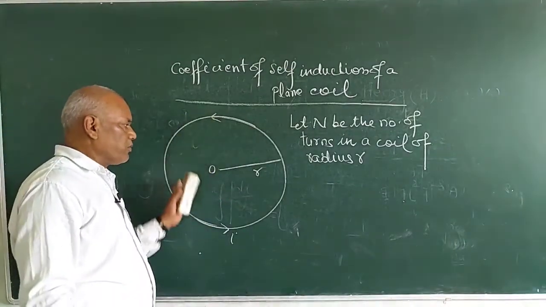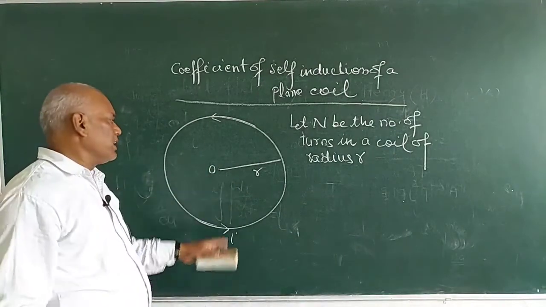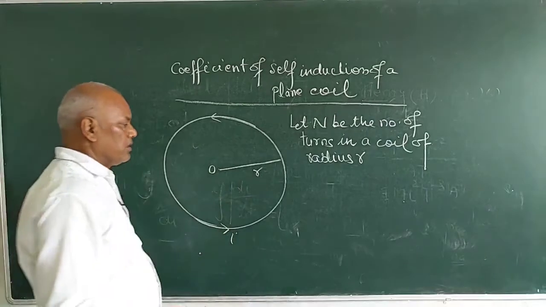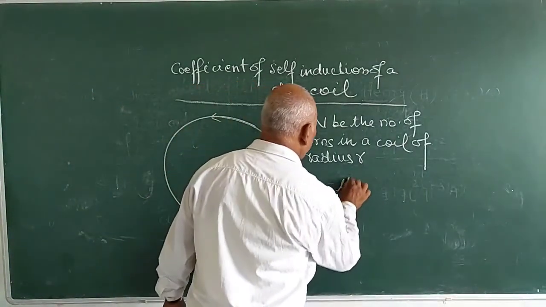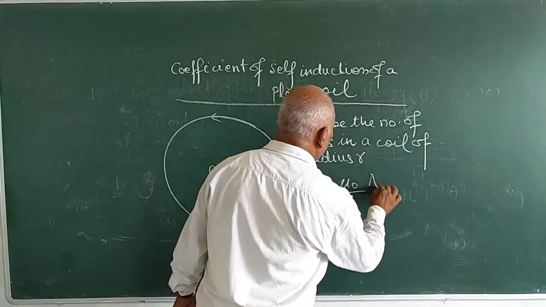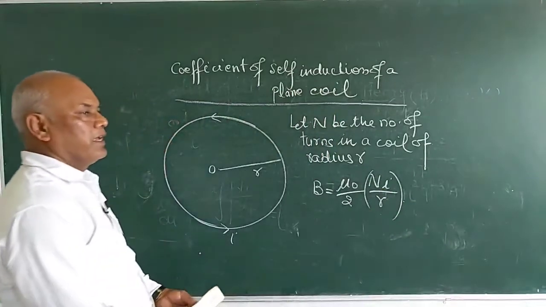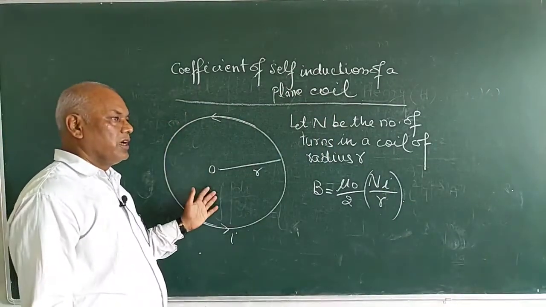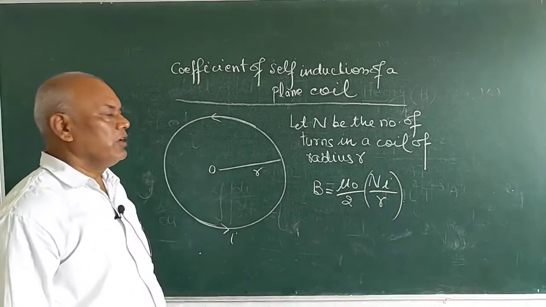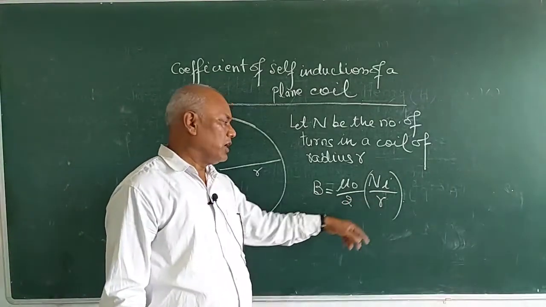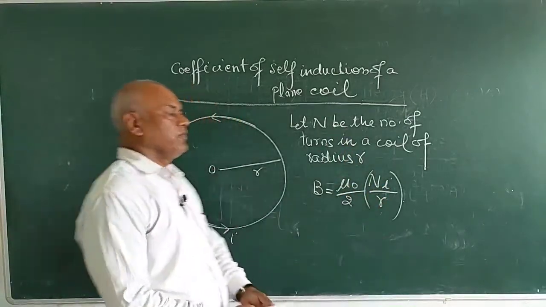The intensity of magnetic field at its center is given by B equal to mu naught by 2 N I by R. Magnetic field produced due to the flow of current in this coil at its center will be calculated by applying this formula, B equal to mu naught N I upon 2R.